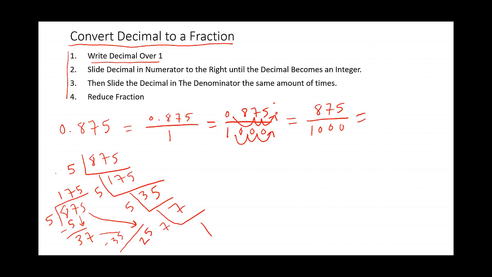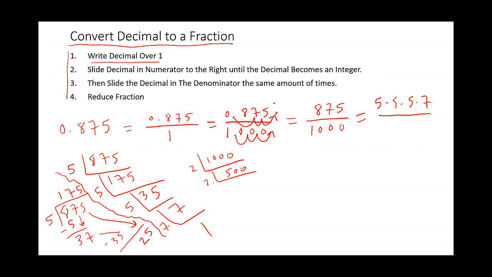So here they are. These right here, 5, 5, 5, and a 7. So in the top over here, I'm going to say 5, 5, 5, 7. Now, what about the denominator? I bet you there's a lot of 2s. So there's a 2.